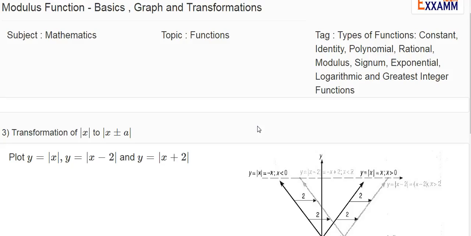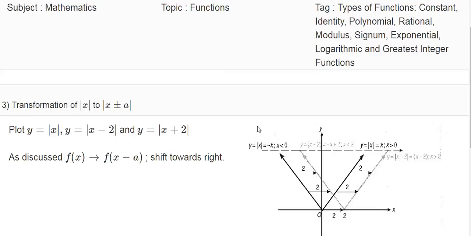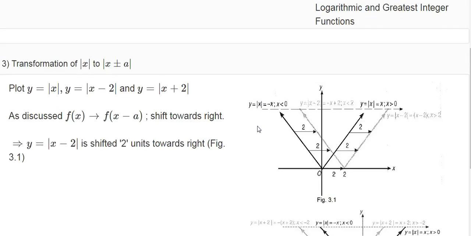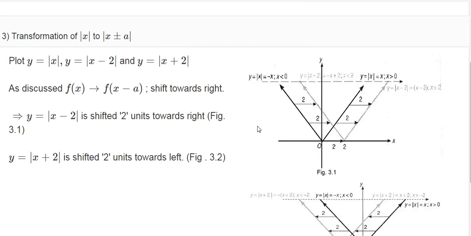So we will again be considering the following two cases: y is equal to modulus of x getting transformed to y is equal to modulus of x minus 2, and y is equal to modulus of x plus 2. Now the main thing again would be, we know that in this case the graph would be shifted along the x-axis, but in which case it would be shifted to the right side and in which case to the left, that is the important thing to remember.